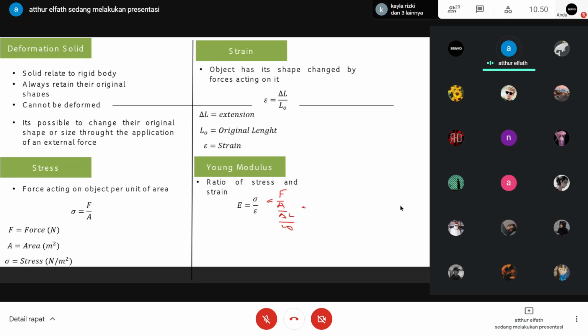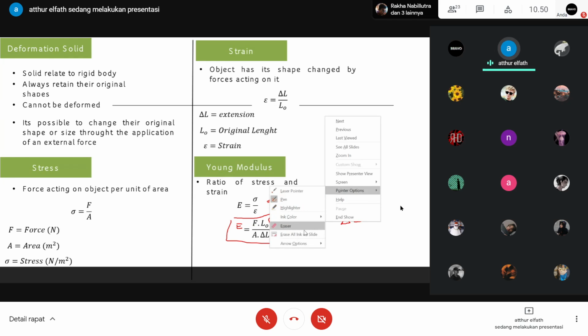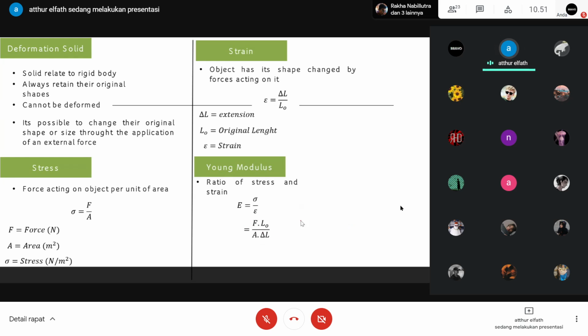Then this equals force per area times L0 per delta L. This is the final formula of Young modulus, which can be calculated as force times L0 per area times change of length.